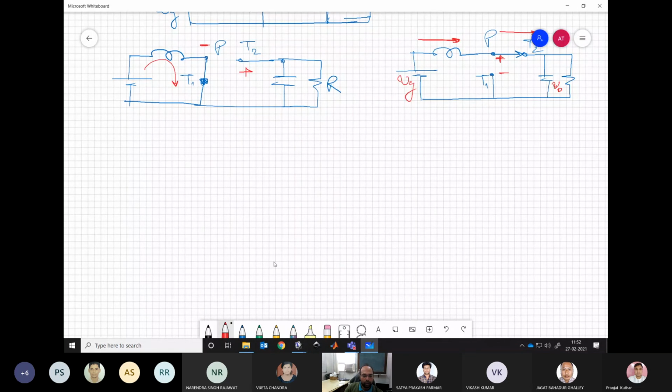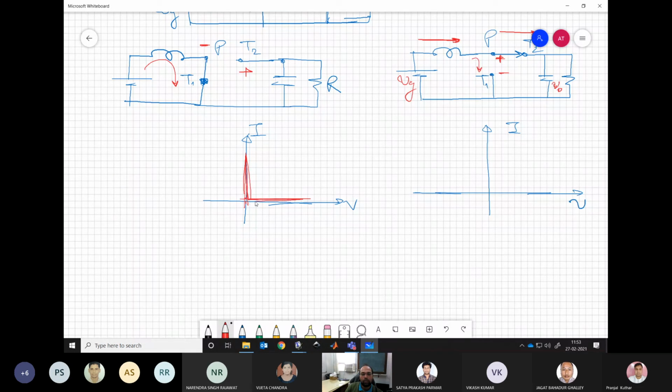Now if we draw the ideal IV characteristics of PT1 and PT2, what will we see? The current, I say, is always in forward conduction mode, so that is always positive, and we decide V on the basis of the current direction. So let's say current is flowing from positive to negative for PT1.